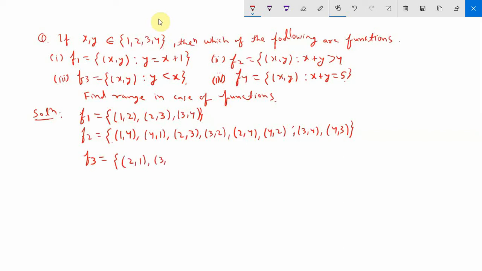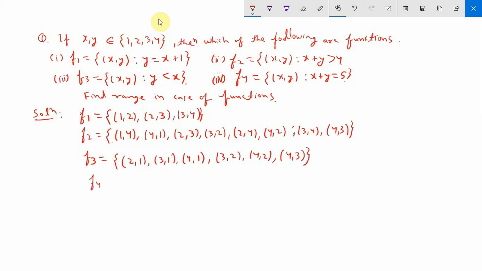If we consider 3, y will be 1. If we consider 4, y can be 1. Next we will consider y as 2. So 3, 2 and 4, 2. Next we may consider y as 3. So 4, 3. So this is F3.